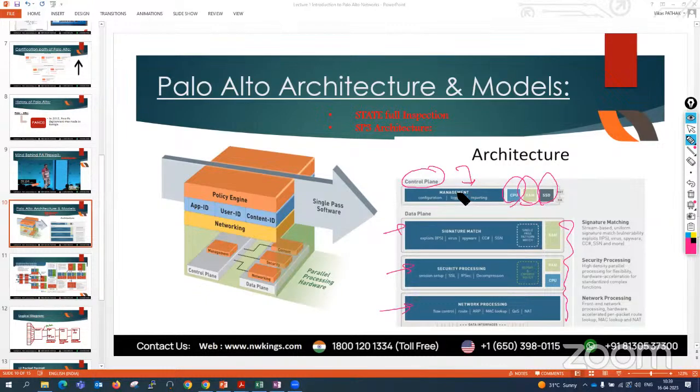So inside one box, we have multiple CPUs, multiple RAMs, multiple SSDs. My network processing is not relying on security processing for CPU, RAM, or anything. My security processing, where we check antivirus, spyware, and command and control, has its own CPU and dedicated RAM.